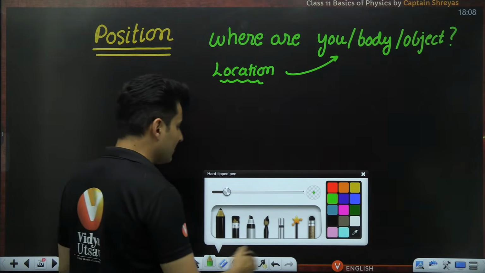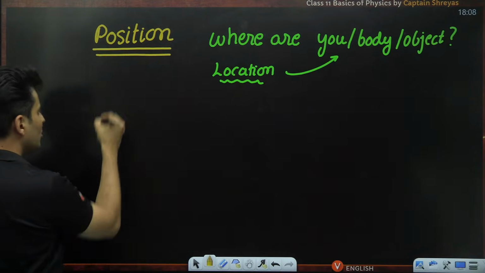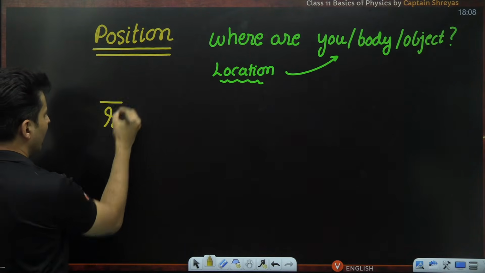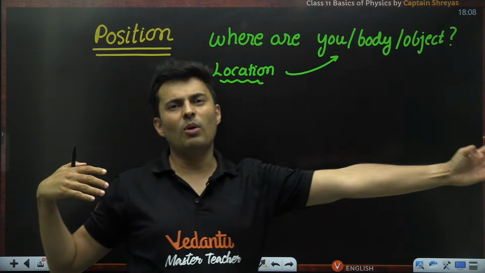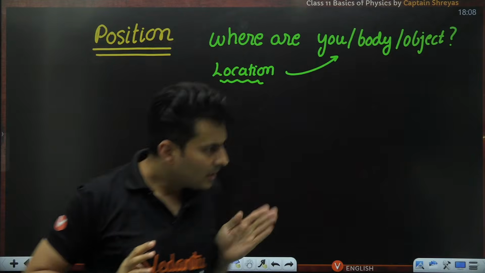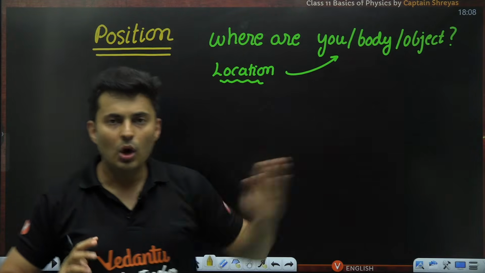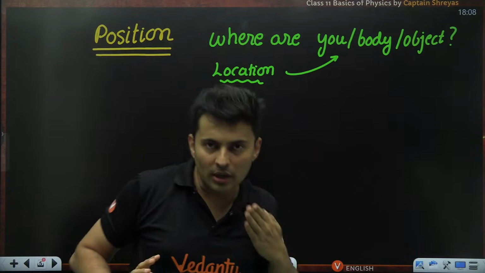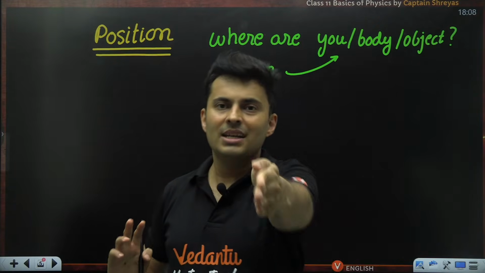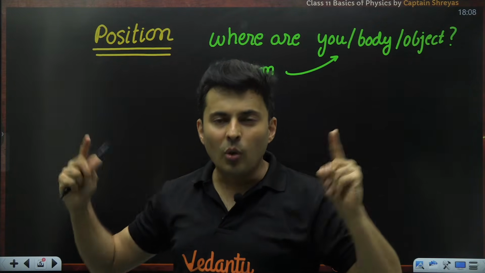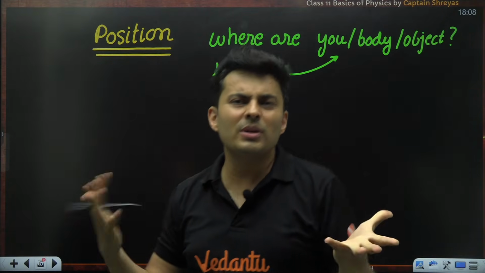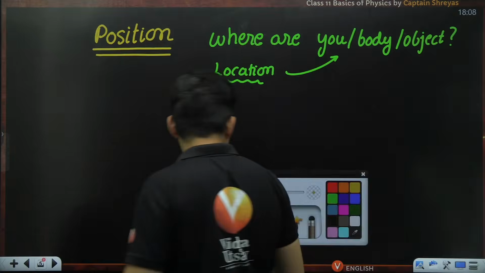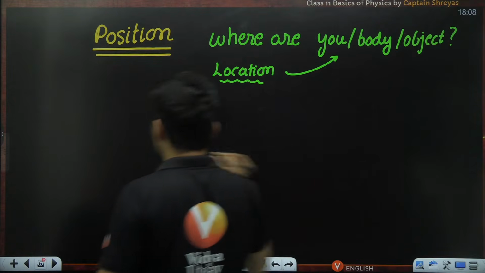Usually the symbol for position is r. But whenever you are moving only along one dimension, either left or right, or up and down, or towards you and towards me, so in only a straight line, then we don't usually use the symbol r.